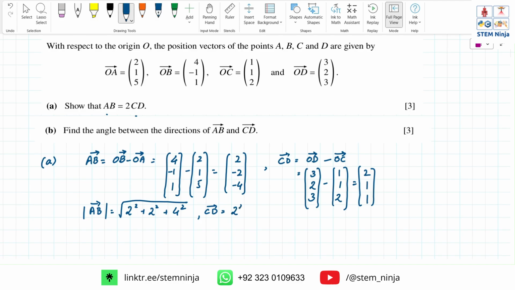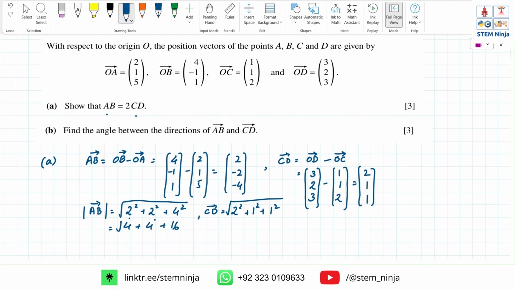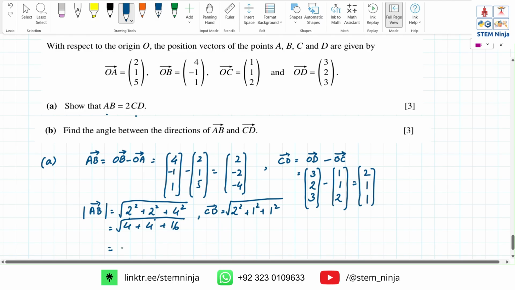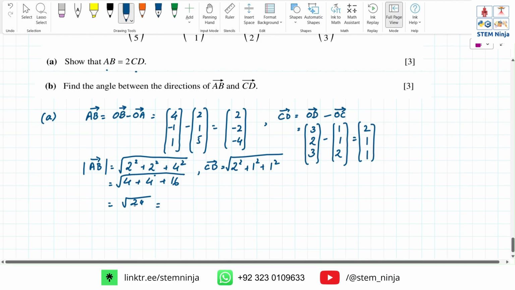The modulus of CD is going to be 2 squared plus 1 squared plus 1 squared. So this one, 4 plus 4 plus 16, that is 24, which can also be written as 2 root 6.